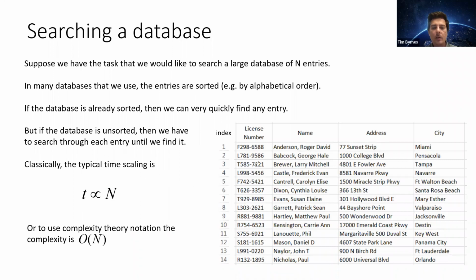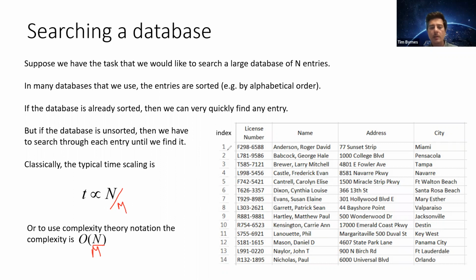Obviously if there's more than one solution, then it's easier to find. So maybe what I should really say here is that classically the amount of time that you need should scale something like n divided by m. Because n is the size of the database.